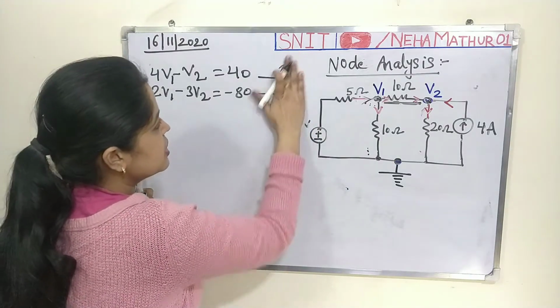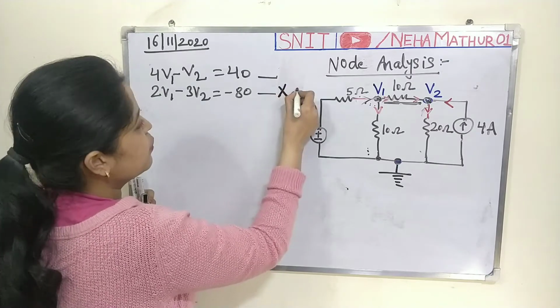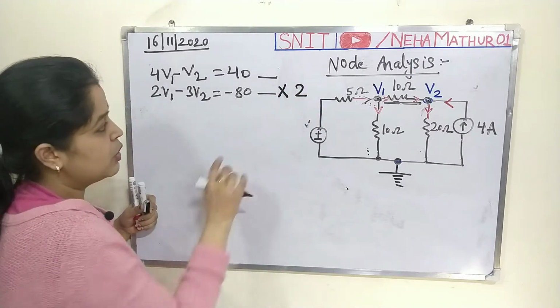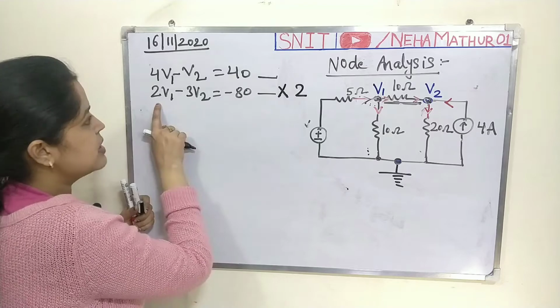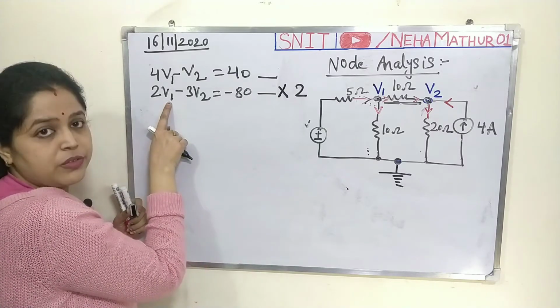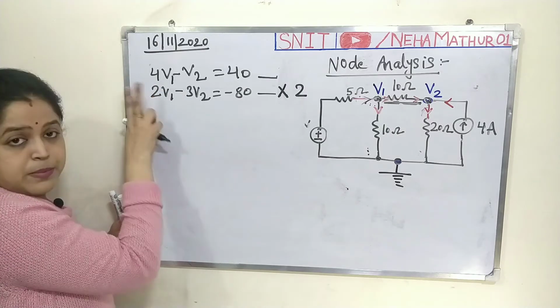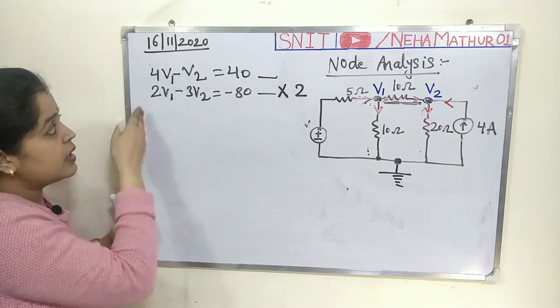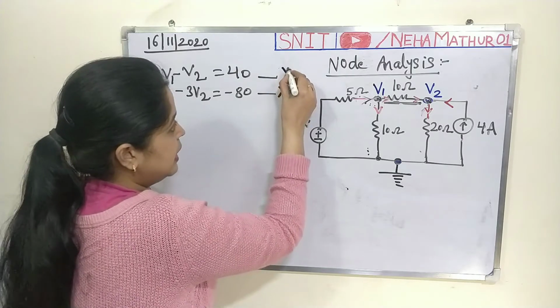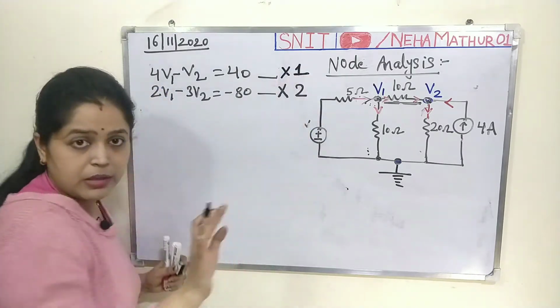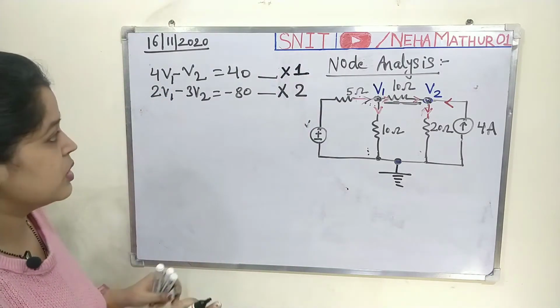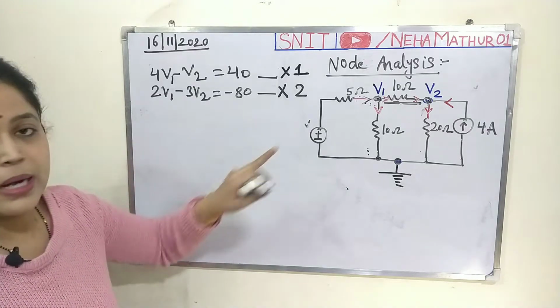So my suggestion is just multiply this equation by 2, because once you multiply this equation, it will be 4 V1, and here you already have 4 V1. So by the subtraction method you can eliminate your V1. So the first equation is multiplied by 1 because you do not want to change that equation, while the second equation is multiplied by 2.